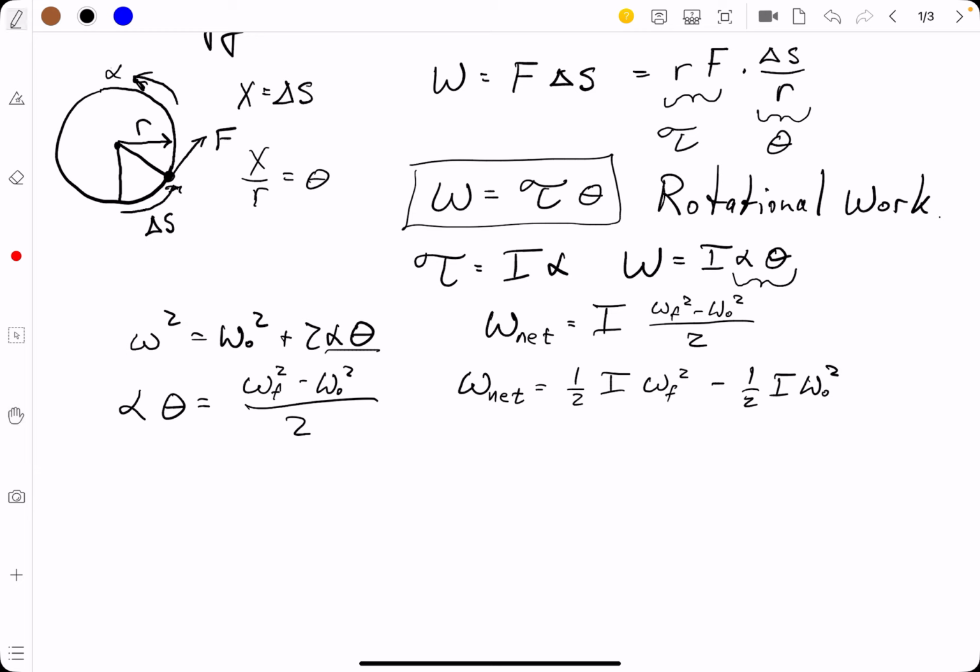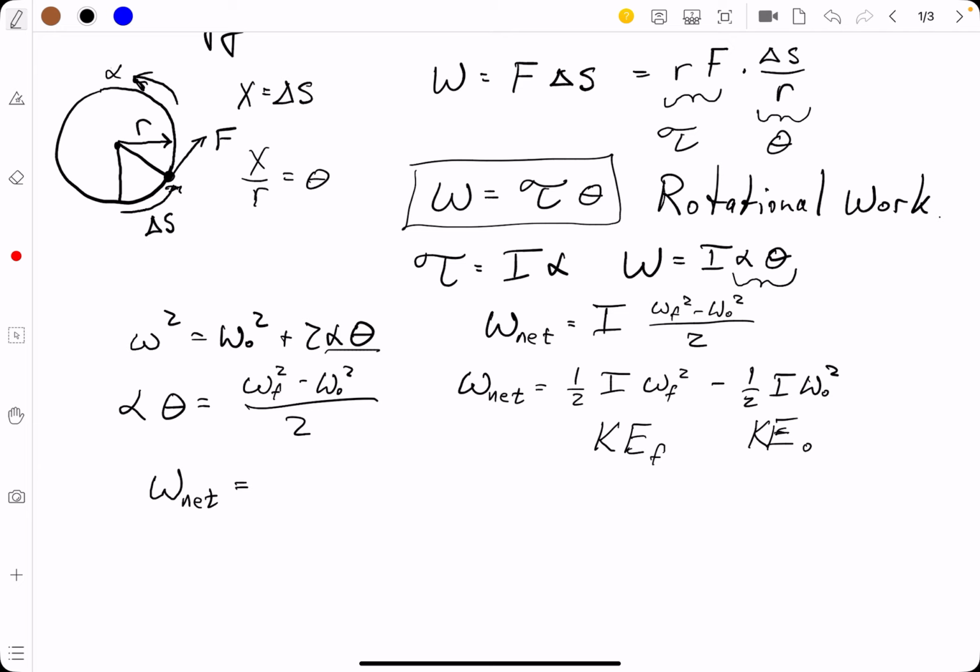This looks like our net work is equal to something very similar to KE. In fact, this is rotational kinetic energy. And this would be our kinetic energy initial.